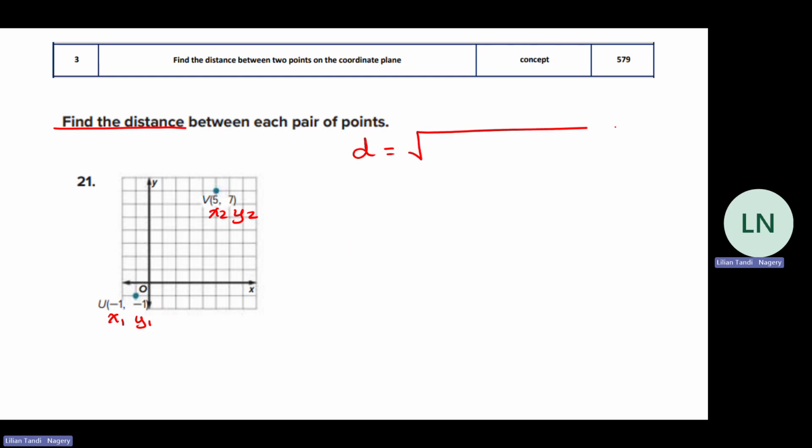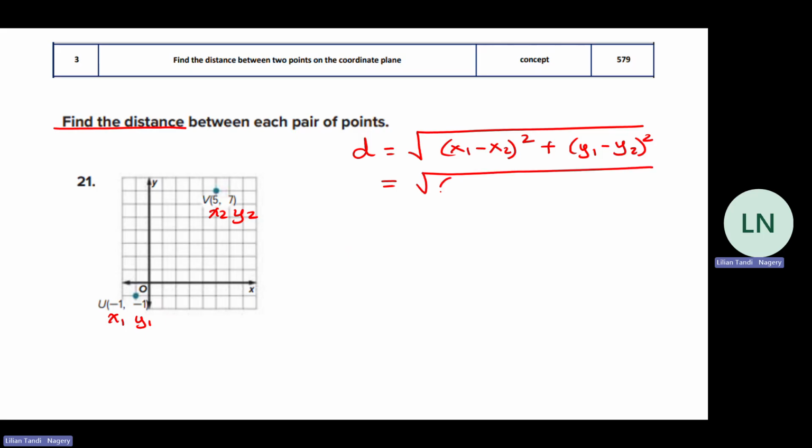Distance equals the square root of x1 minus x2 squared plus y1 minus y2 squared. As long as your x's are together and you are subtracting and you square them, it doesn't matter who you start with. Okay, so the same with the y's. What you have to remember, the x's together, subtract, square, then add to the subtract and square of the y's. Okay?